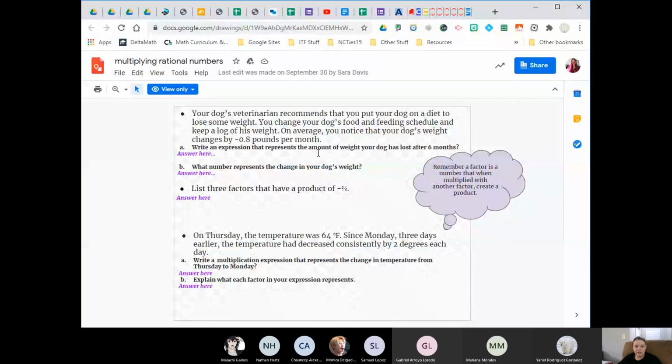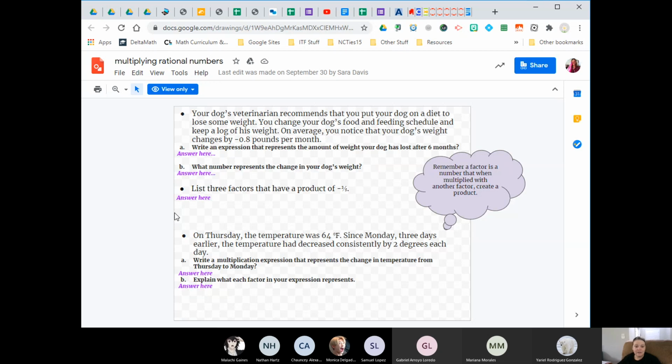And question A wants you to write an expression that represents how much weight he loses after 6 months. So the pounds lost times the number of months. What number represents the change in your dog's weight? Okay, so from answer A, what would that be? So solve your expression in answer A.